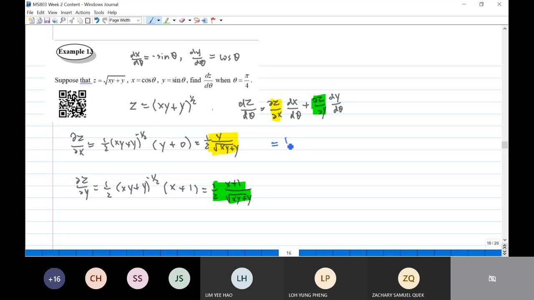I won't simplify the xy, because I'm going to put in x and y anyway, and if I do this it makes a mess also. So dx d theta is minus sin theta here, and half of x plus 1 over the square root of xy plus y, times dy d theta is cosine theta now.